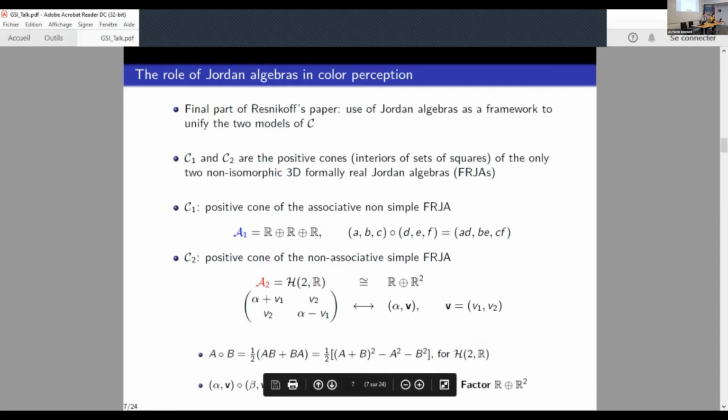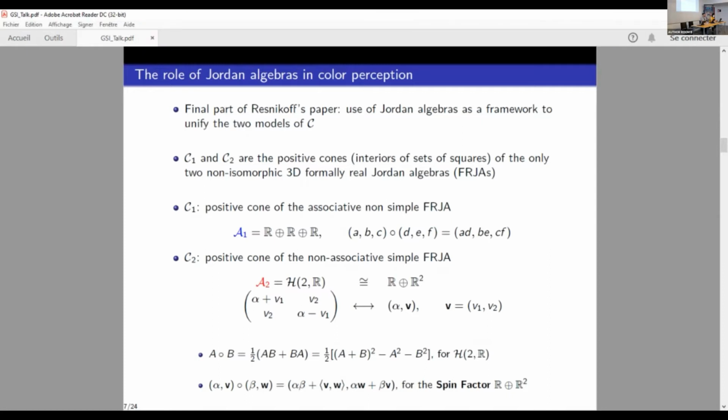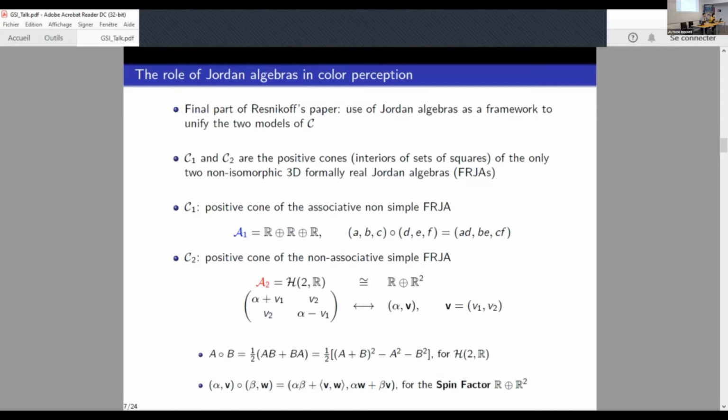In the final part of Resnikov's paper, he used Jordan algebras as a framework to unify the two models. Let's see how. It turns out that C1 and C2 are the only positive cones, that means the interior of the set of squares of these algebras, that are non-isomorphic and correspond to three-dimensional formally real Jordan algebras. The first one, C1, corresponds to the positive cone of this Jordan algebra here with this Jordan product.